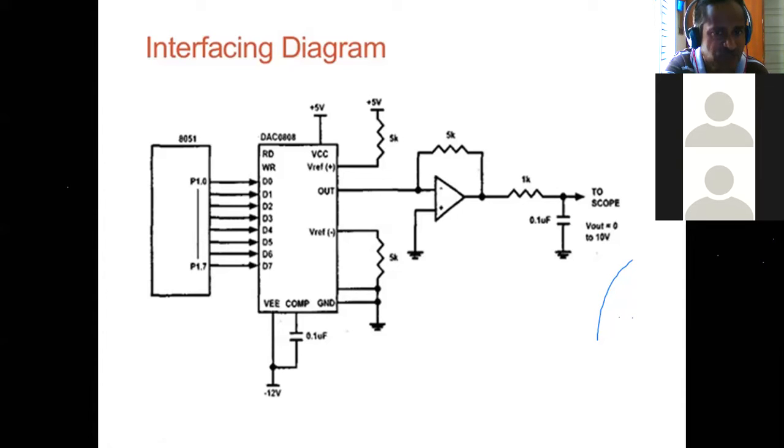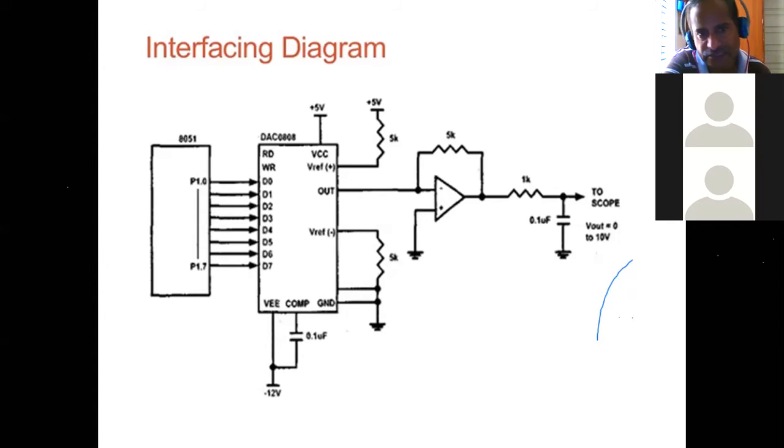In this case, we are not using dual polarity output. We won't require dual polarity output. That's why we have grounded minus V reference through a 5 kilo resistor. And compensation, pin number 16, is connected to ground through a capacitor. And VEE is applied as minus 12 volts.